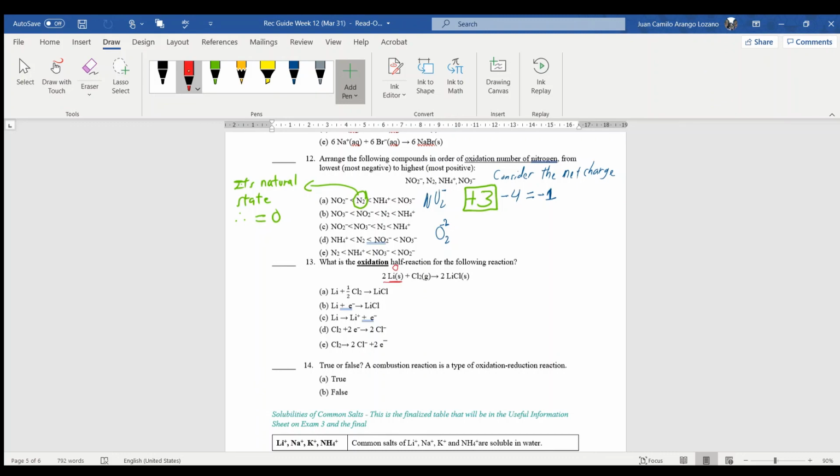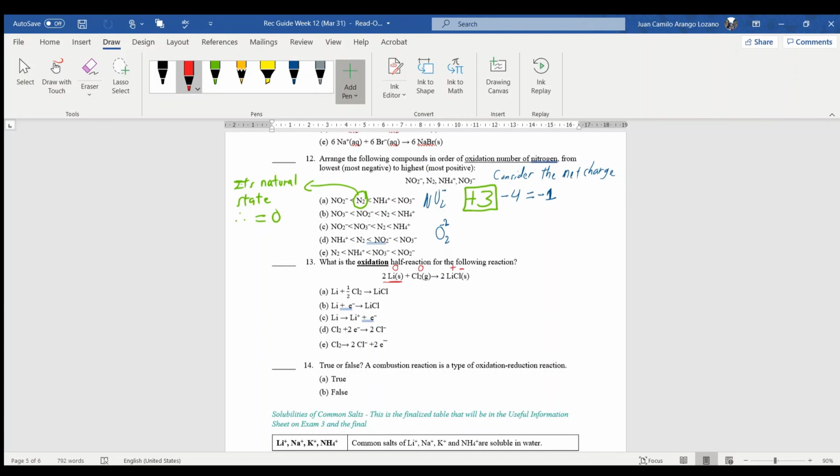Chlorine, once again, is in its molecular form in gaseous state, therefore it has a net charge equal to 0 as well. And then when I get my final compound, we remember that chlorine always has a -1 charge and lithium always has a +1 charge. So those are the charges I have in the end. And that's what I have.